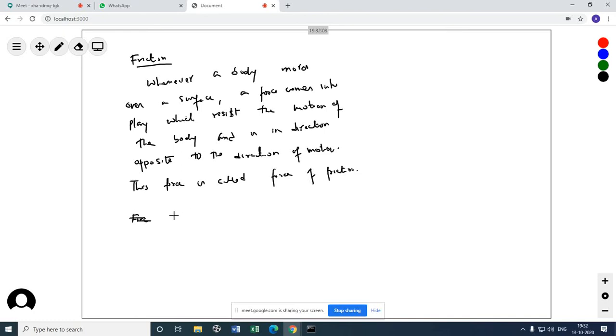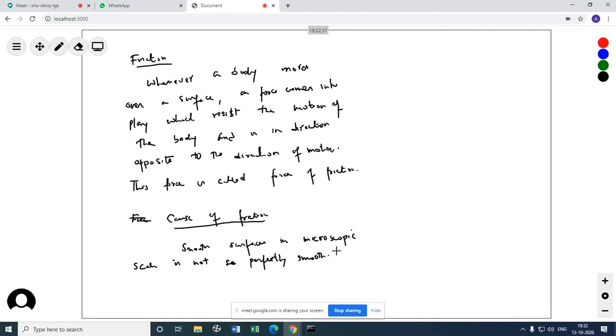The cause of friction: smooth surfaces on a microscopic scale are not perfectly smooth. There are ups and downs on the surface.